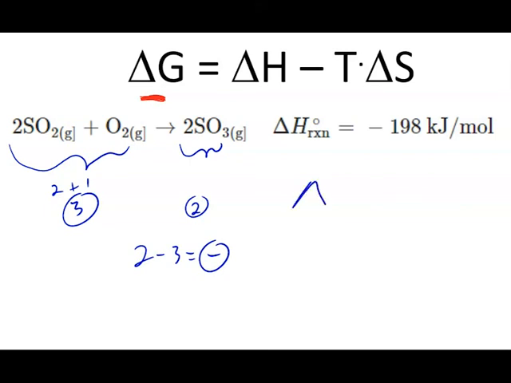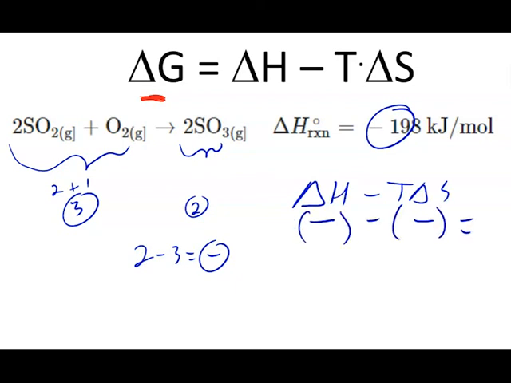So delta H is negative because of this sign. Minus T delta S. So this is negative. And a minus minus a minus equals, well, the answer is it depends on the magnitude. I like to change these 2 signs so that it makes more sense to me.